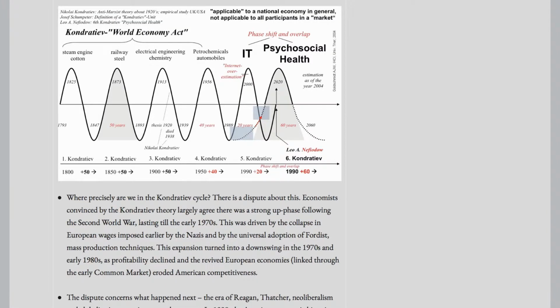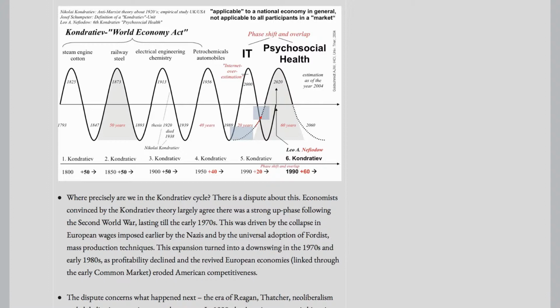Where precisely are we in the Kondratiev cycle? There is a dispute about this. Economists convinced by the Kondratiev theory largely agree there was a strong up phase following the Second World War, lasting till the early 1970s.